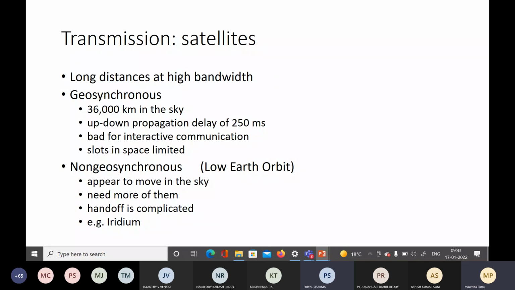And then you can also consider whether it is feasible to put a fiber link. If it is feasible to put a fiber link over two particular lands on Earth, then you will go with that. So whatever is feasible at that point of time is used, and that is how we generally have all the communication links over the world.